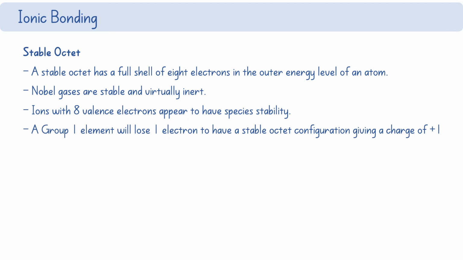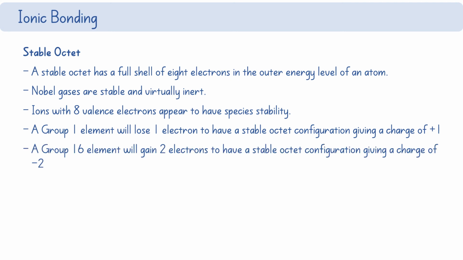A group 1 element will lose 1 electron to have a stable octet configuration, and it becomes a charge of +1. A group 16 element will gain 2 electrons to have a stable octet configuration, giving a charge of -2.